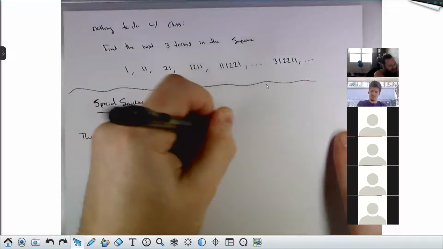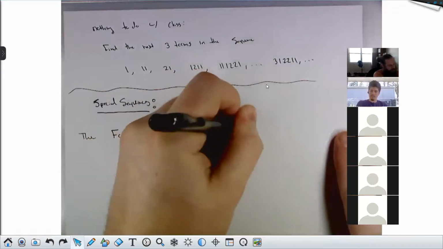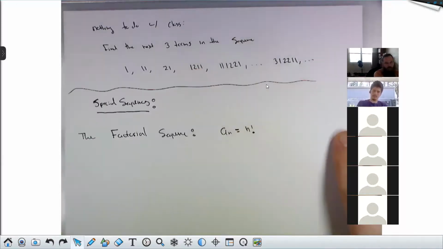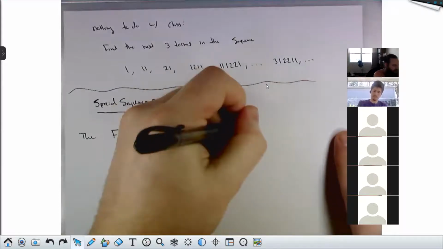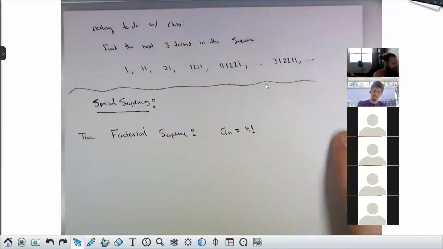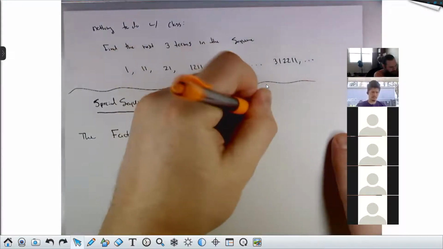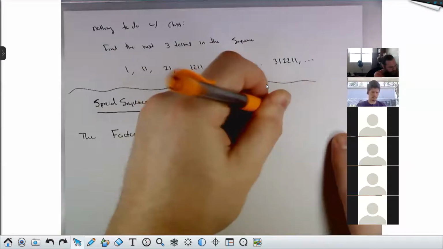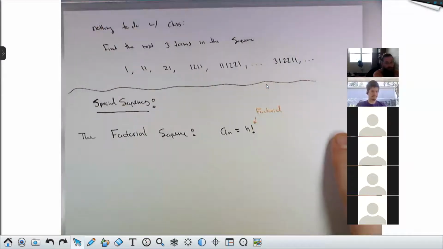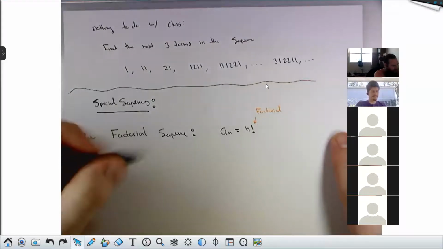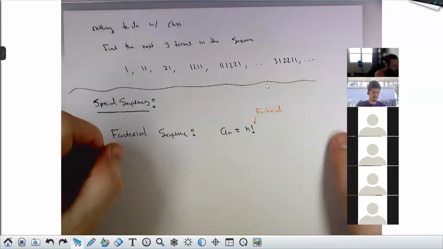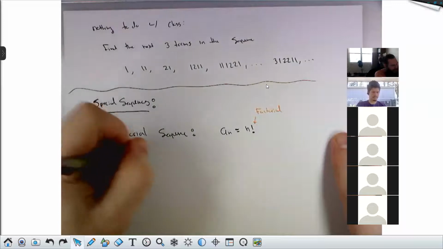We write this as a_n equals n factorial, like that. The exclamation mark is read as factorial.